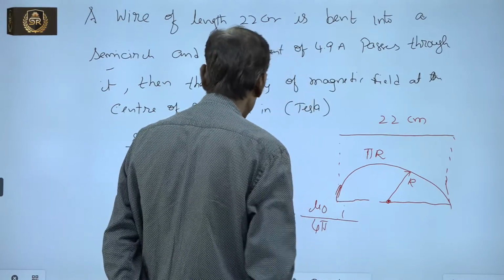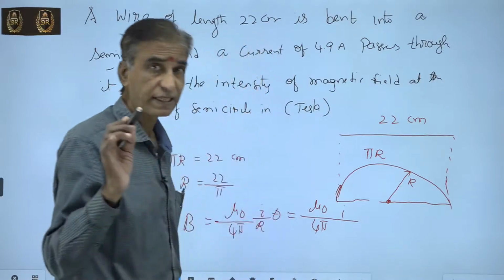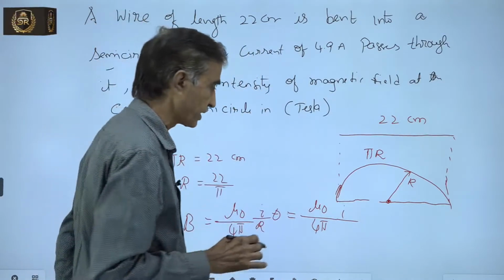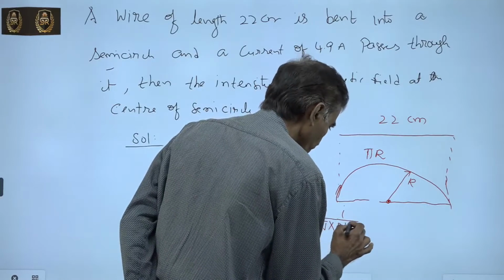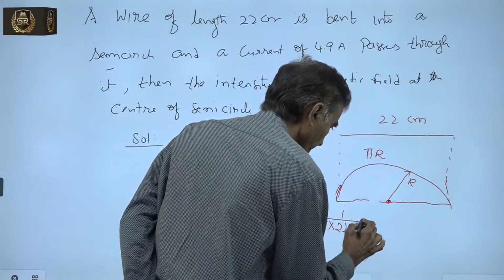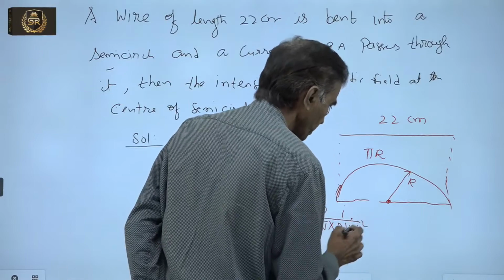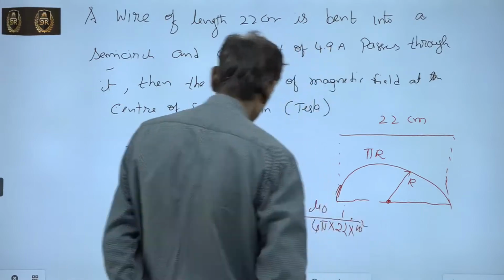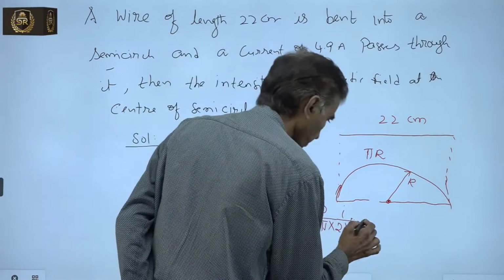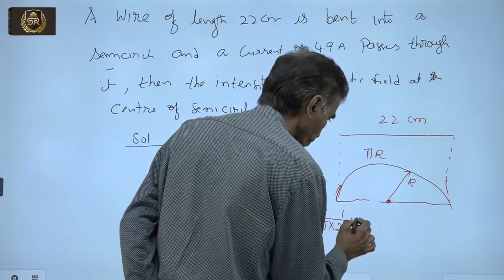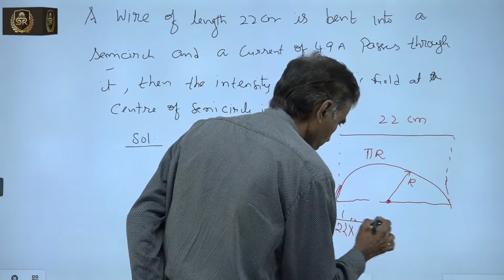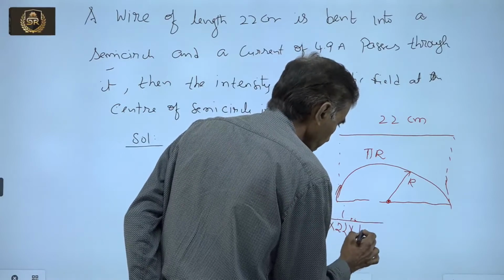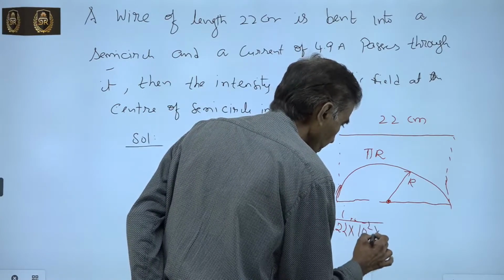Now substitute for r. It is in centimeter, that is very, very important. It should be converted into meter. So 22 into 10 power minus 2, because that should be in meters, into r.